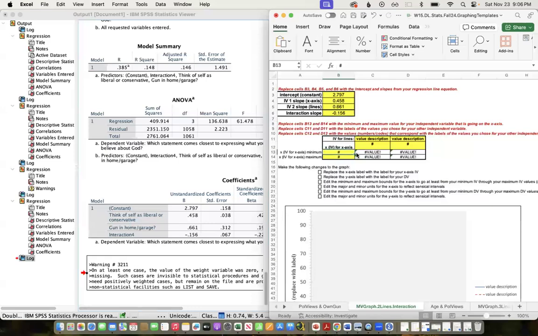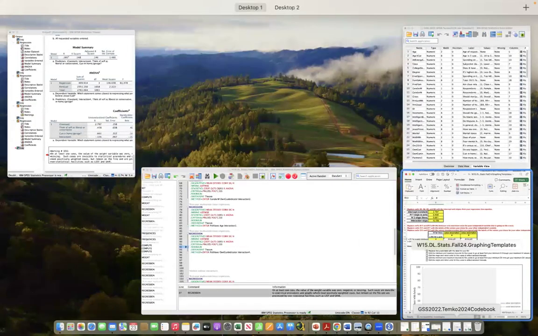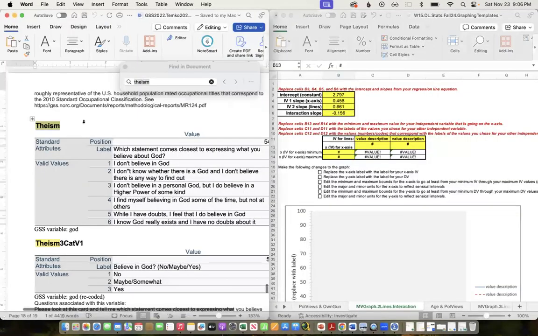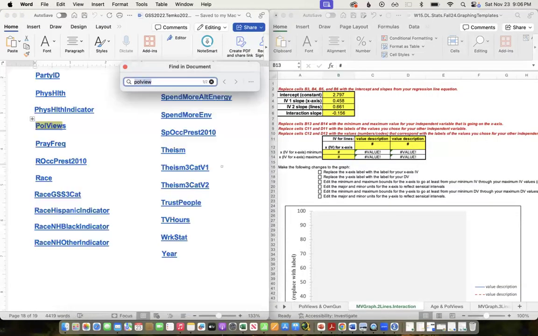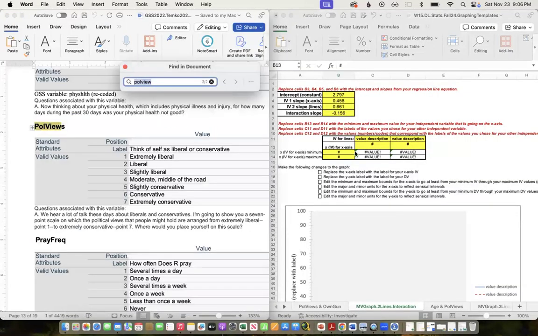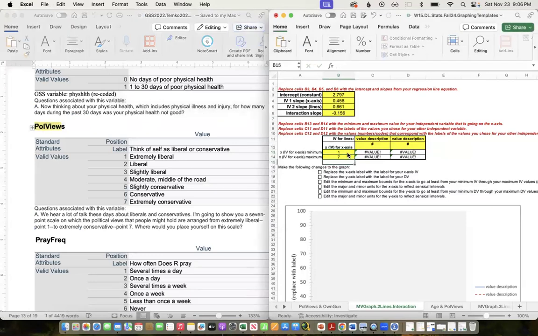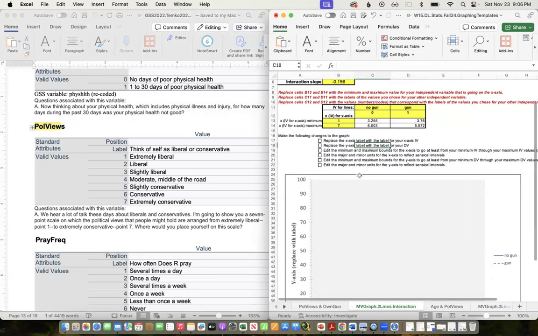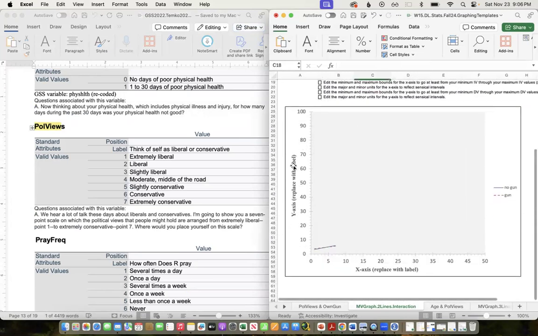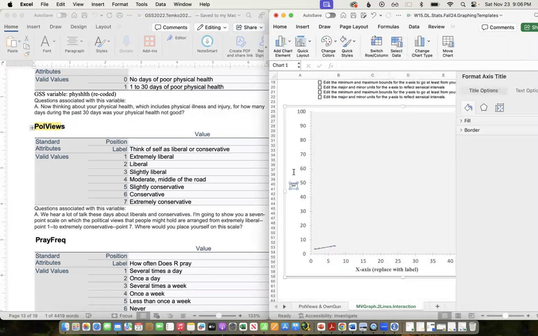Okay, and so the x-axis, poll views, goes from 1 to 7. And this is either going to be 0 or 1, with 0 being does not own a gun, and 1 being has a gun in home or garage. Okay, so this is theism. I'm not going to put in those labels right now, but let's see.